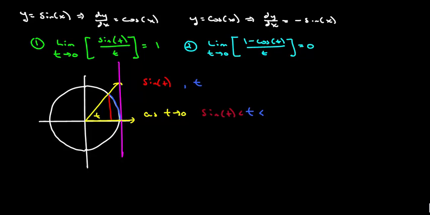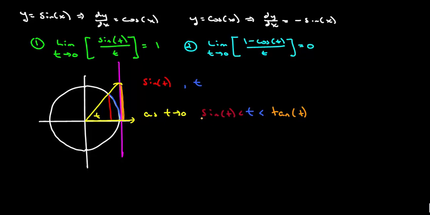Let me grab orange. This length right here is the tangent of this guy. So the tangent of t is this length. And as t goes to 0, the blue line is still larger than the red line, but smaller than the orange line right over here. So it's trapped, it's stuck between those.